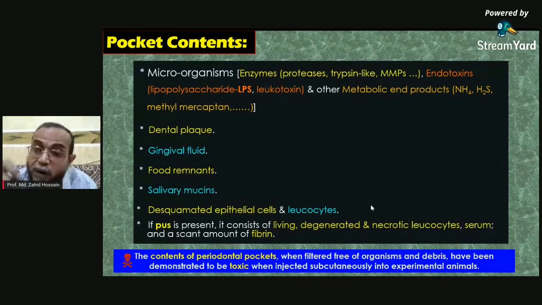No bacteria there; you took the GCF, killed the bacteria, took just the fluid part and injected it in the animal, and the tissue was destroyed. So this is the proof that our pocket contents are so deleterious, so noxious. We call them noxious products.